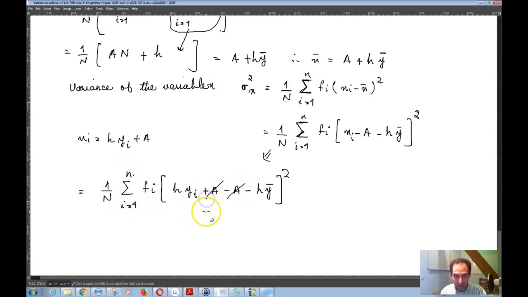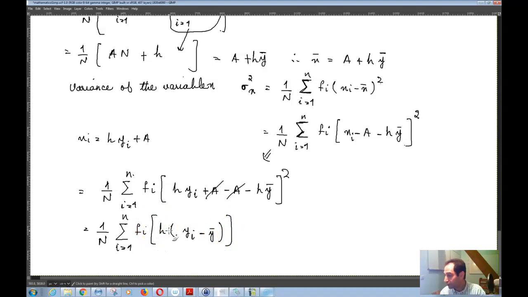Now these two a's will cancel out, and so you can write that as 1 over n sigma f of i, i equal to 1 to n, and then you can take the h out, h times y of i minus y bar, and of course this is again whole squared.